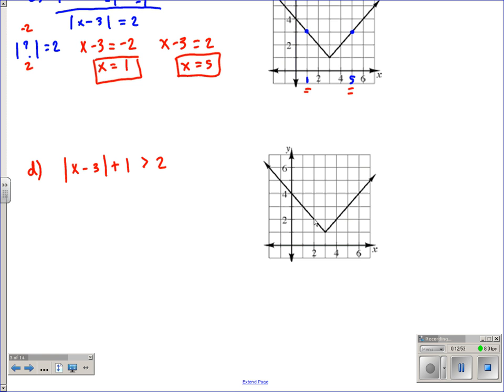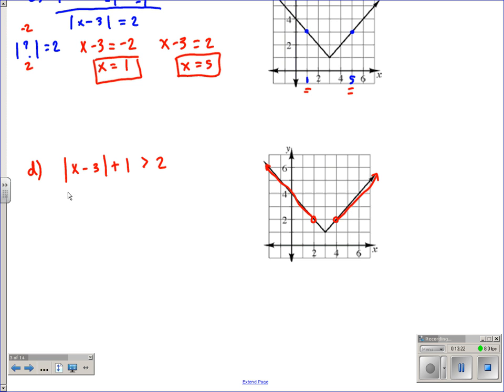Here's where our output is 2. So remember, we don't want to include this. We're just talking about all these values here that are greater than 2. This is where our output, or our y coordinates, are greater than 2, going up this way. This is what we would call a disjunction, because the answer can be over here, or the answer could be over here.